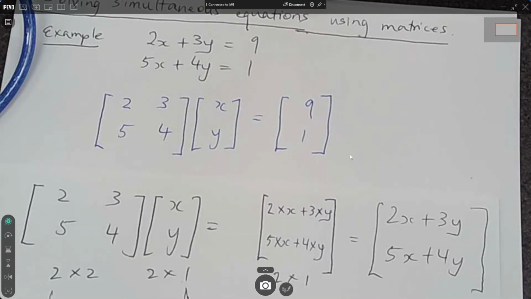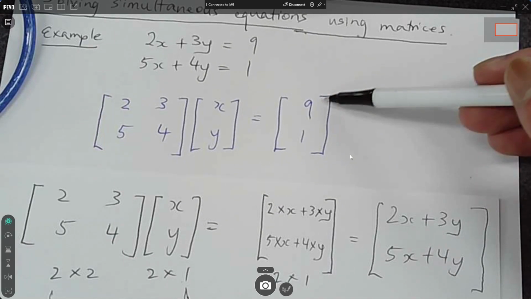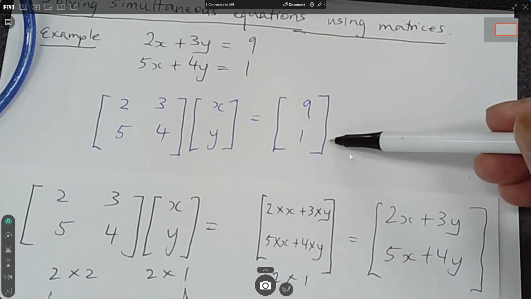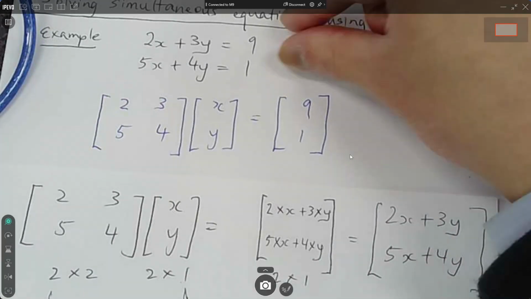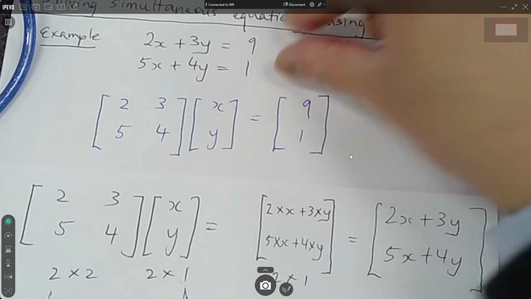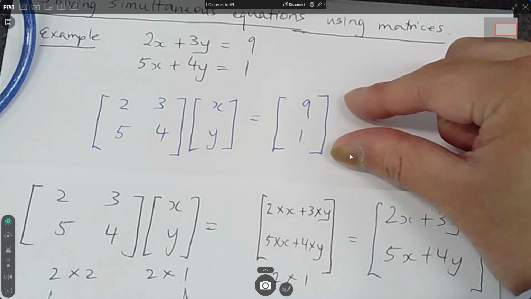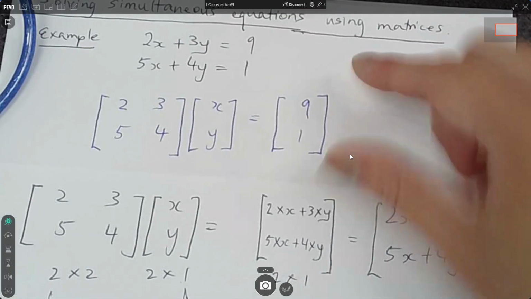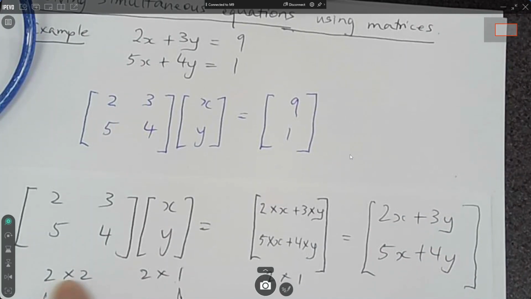And then I'm saying the first row is equal to 9. The second row is equal to 1. So are you convinced that these 2 equations are now represented in this matrix equation here? Okay, so if you're not convinced, multiply the matrices out. Okay?